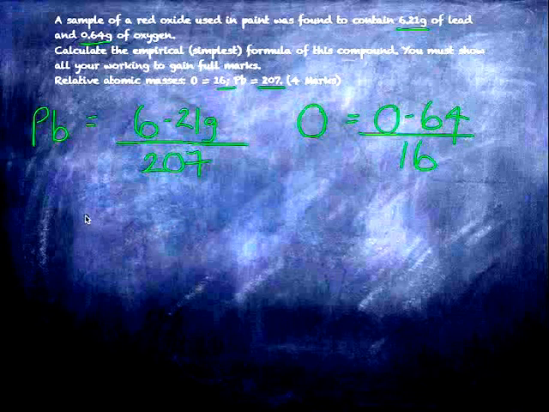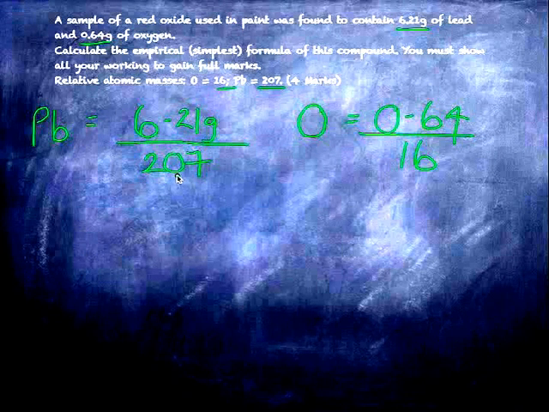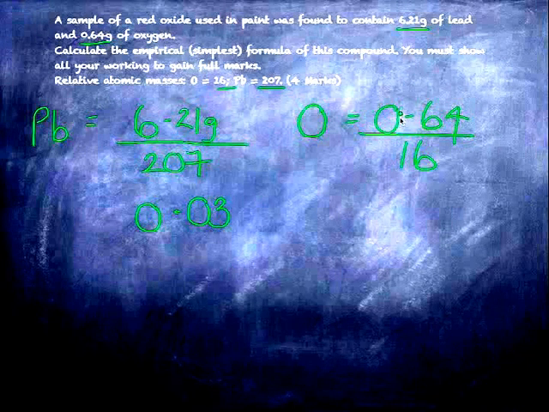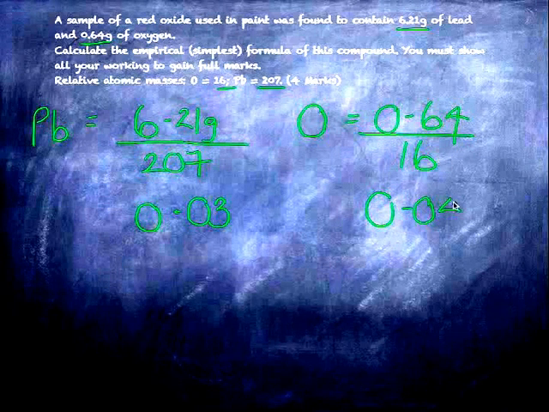What we get is 6.21 divided by the 207 works out at 0.03 moles of lead. When we do the same for the oxygen, it works out at 0.64 divided by 16, that is 0.04.